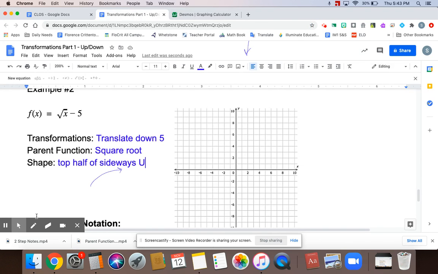So first, I take it and I translate it down 5. So from 0, 0, I'm going to go down 1, 2, 3, 4, 5, and put my new vertex. Then this graph goes over 1, up 1. Then I just have to make the right shape, that square root shape.